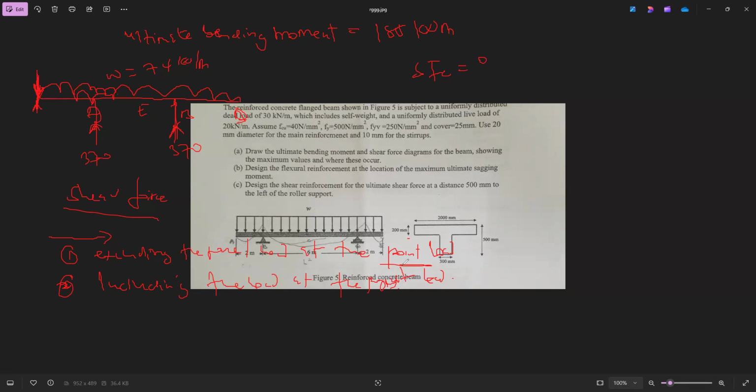If there were a point load at this end, that's when we would include it. But there is no point load, so you just exclude it and move on.